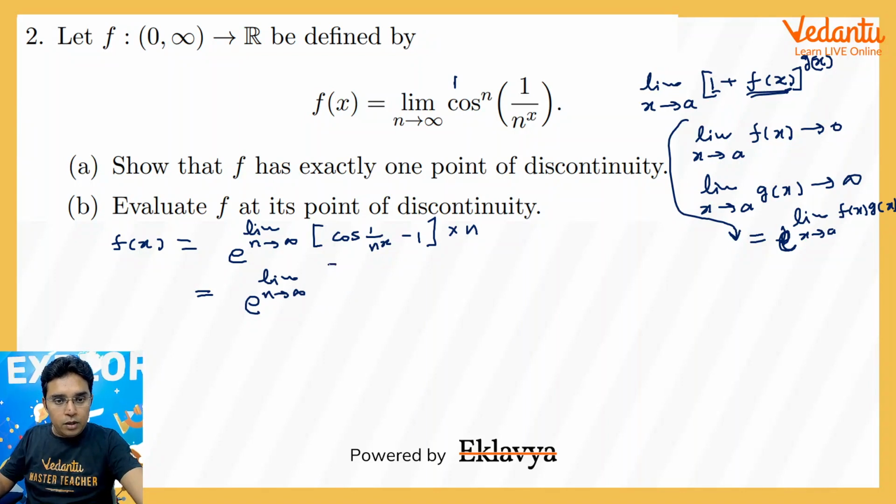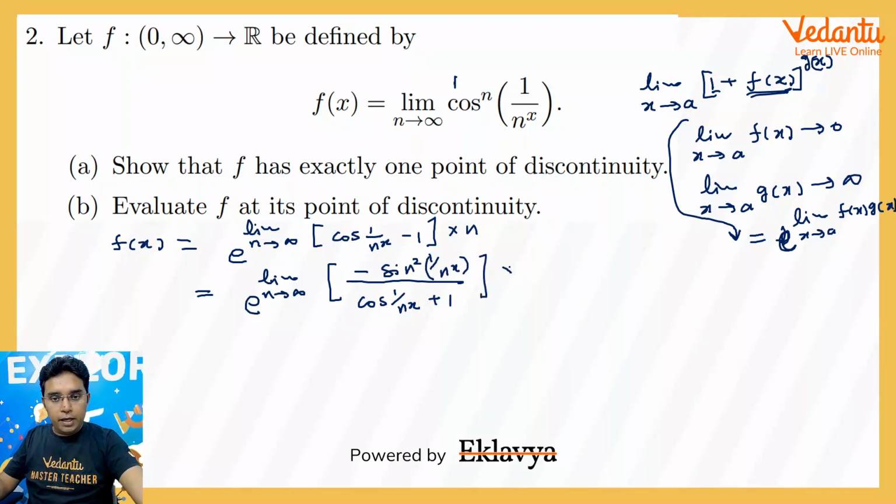What we can do is rationalize it. Rationalize means I can multiply by cos of 1 upon n power x plus 1, and in the numerator, if I do the same thing, it will become minus sine square of 1 upon n power x into n. Now if n approaches infinity for all x, as I've shown you, 1 upon n power x approaches 0.